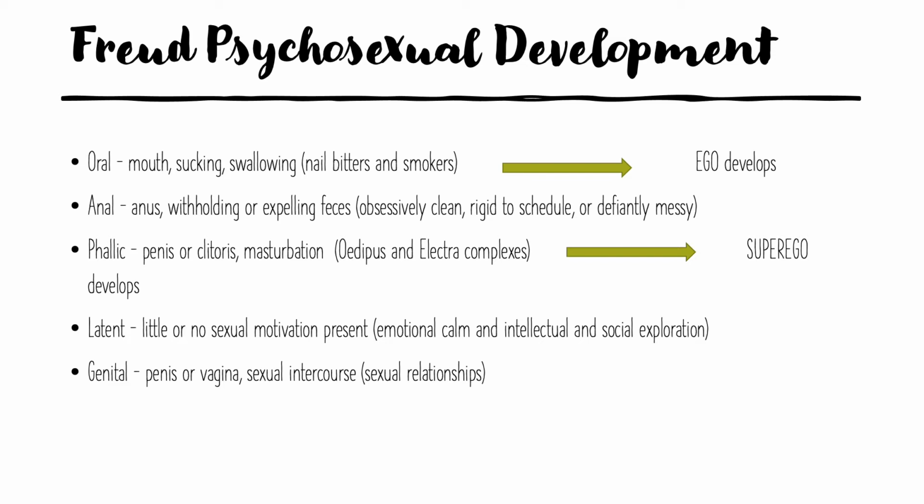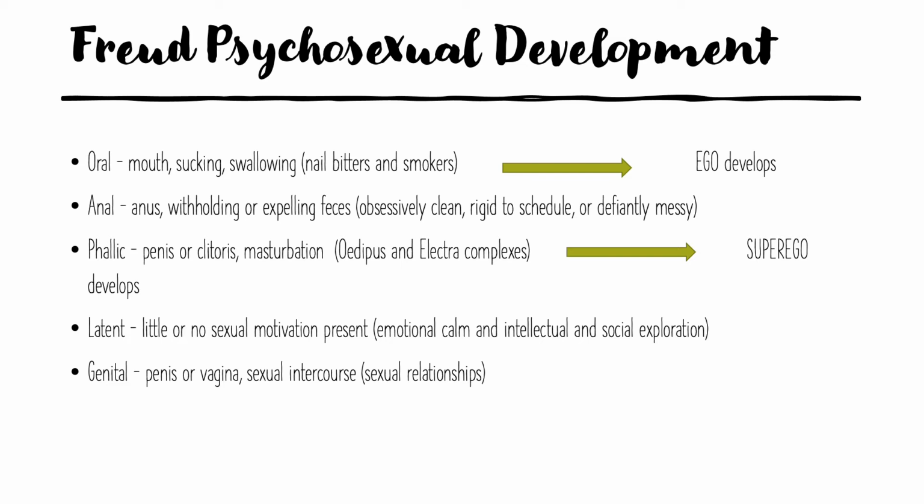The anal stage focuses on withholding and expelling feces. People that don't successfully get through this stage might be obsessively clean, rigid to schedule, or defiantly messy. The phallic stage is about the penis and the clitoris and masturbation.